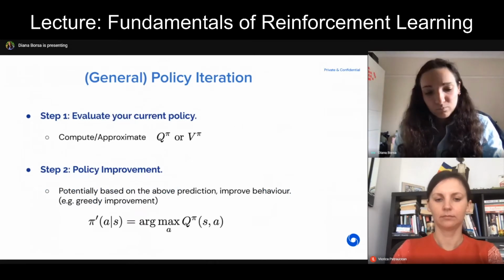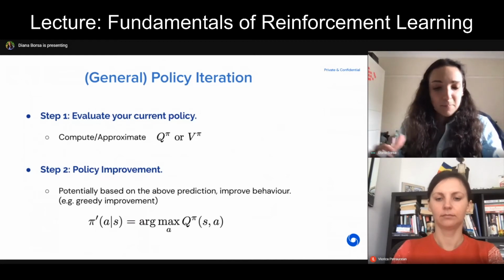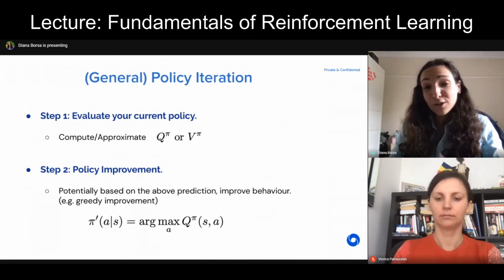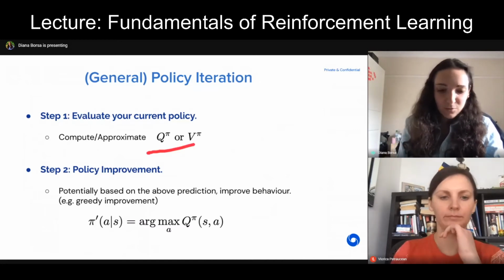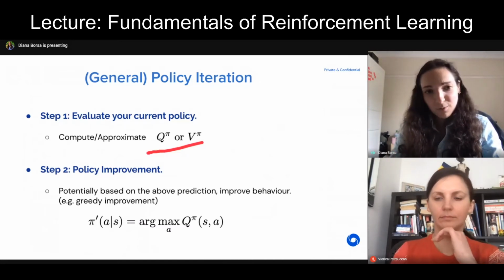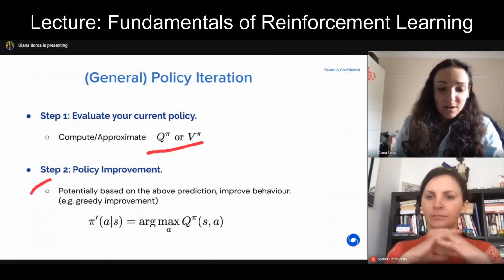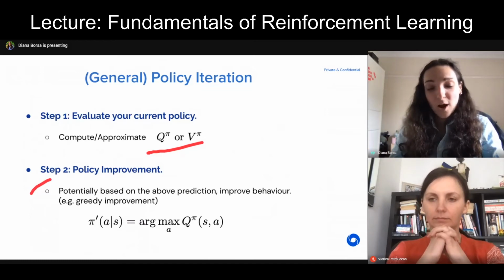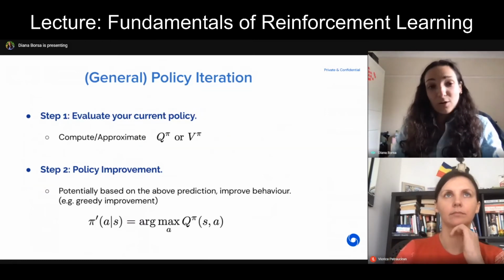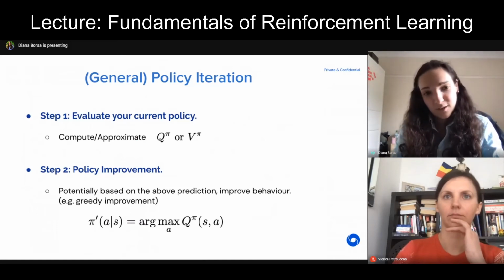This is a general framework for thinking about control, and by far the most general principle for tackling the control problem is generalized policy iteration, which alternates between two steps. One is, given a current policy, we evaluate this current policy, approximating the value function corresponding to it. The second step is policy improvement: based on this estimate, we try to improve our policy, usually with something like greedy improvement.